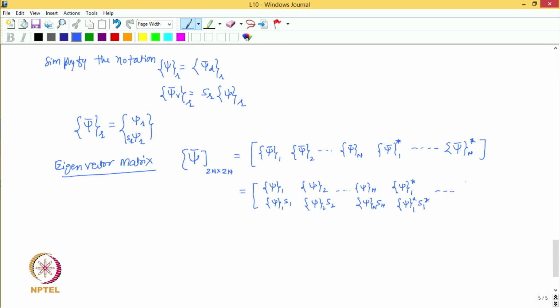In this manner it goes up to psi n complex conjugate and psi n complex conjugate multiplied by Sn complex conjugate, right.